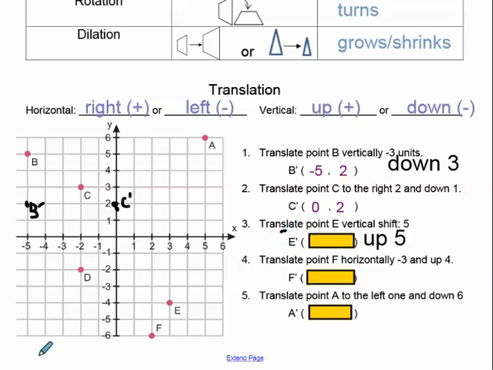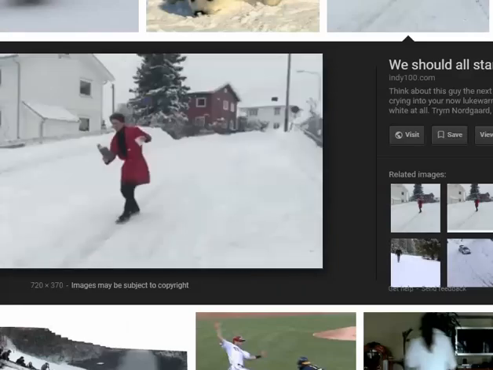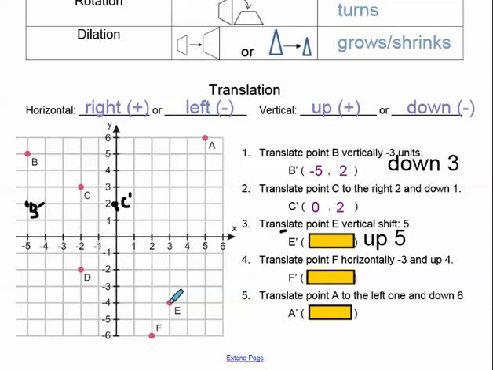Find point E, and we're going to go up 1, 2, 3, 4, and 5. And we call that E prime. Hopefully your handwriting is better than mine right now.